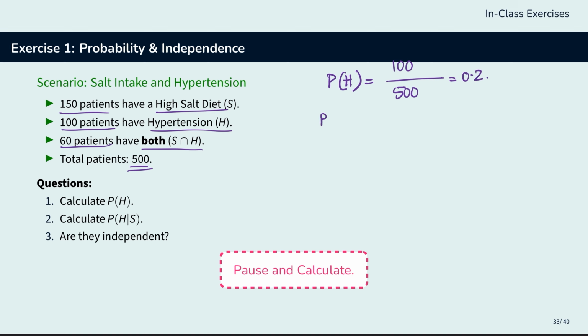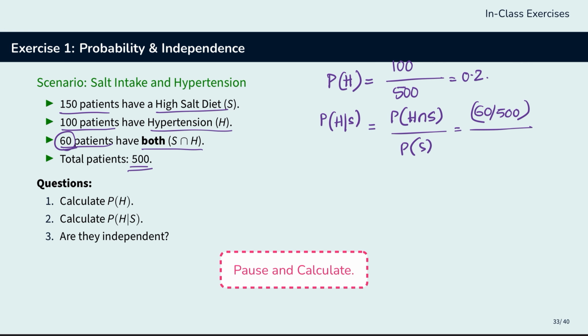So to calculate P of H given S, we calculate the probability of H intersection S divided by the probability of S. The probability of H intersection S, which is nothing but S intersection H, is 60 patients out of 500 in total, divided by the probability of high salt diet, which is 150 divided by 500.